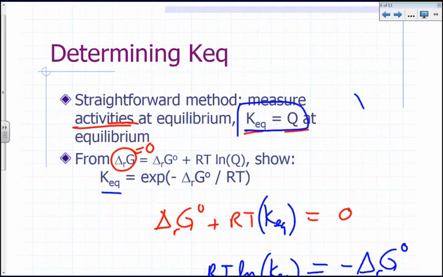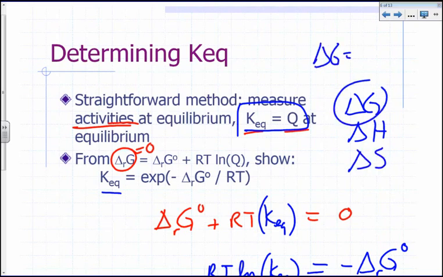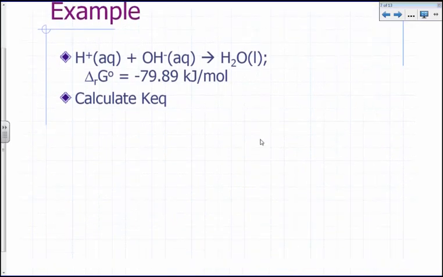If you recall, you can determine delta H and delta S from heat measurements, and you can calculate delta G from those. Delta G is delta H minus T delta S. So if you know the standard Gibbs energy of a reaction, you can calculate its equilibrium constant. So let's apply that to this simple example right here.